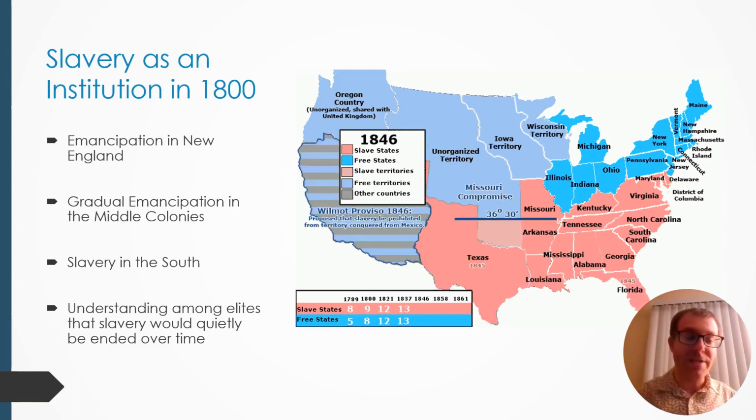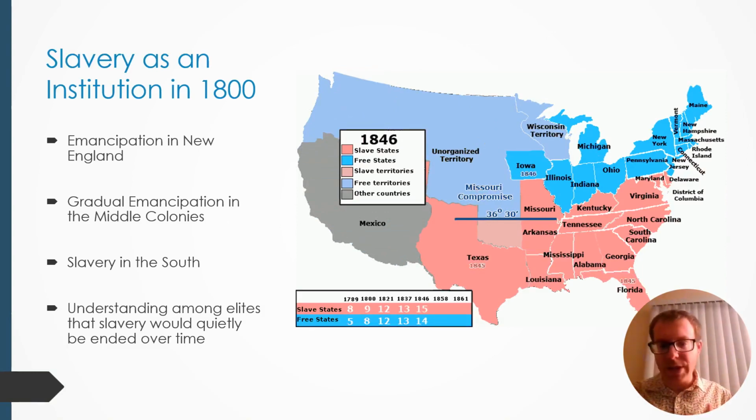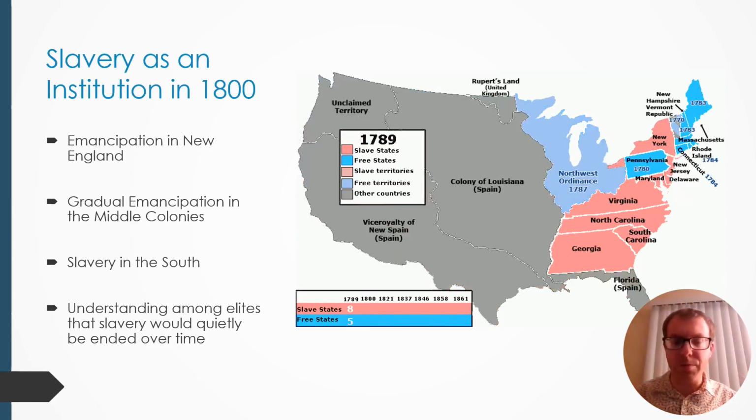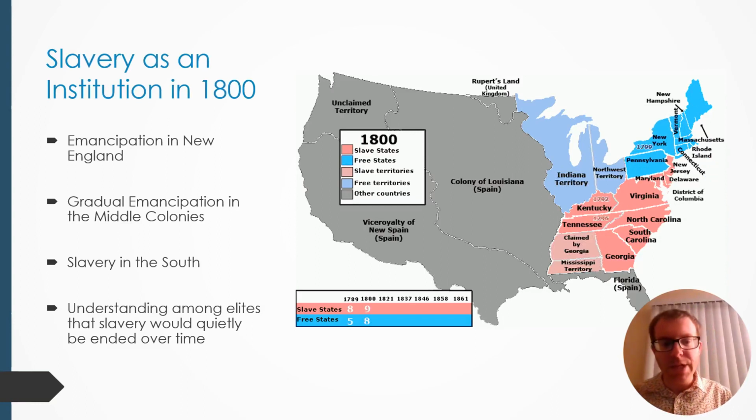Meanwhile, the middle colonies, I should say middle states at this point, New York, Pennsylvania, New Jersey, there is gradual emancipation. So slavery does get abolished, but it takes a little bit longer. Only in Pennsylvania is slavery immediately abolished, right during the American Revolution.